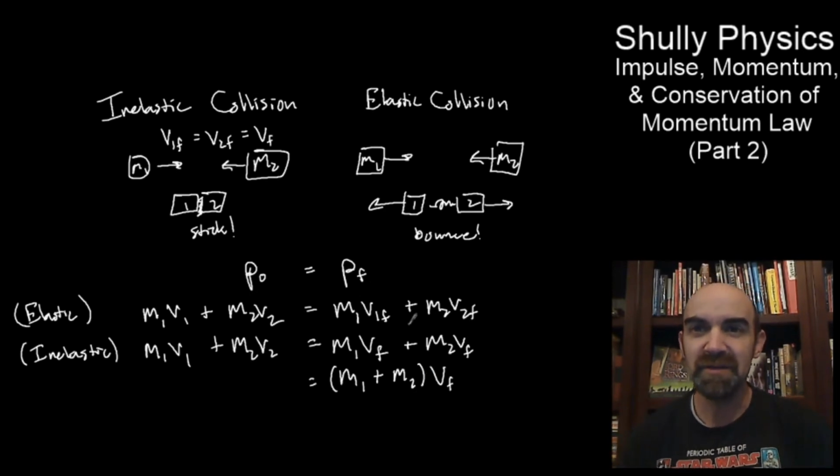So if you look at this kind of expression, this is the total mass of the locked up objects. They're behaving as one single mass now, traveling with a velocity VF. So you can see that quality in the equation there. So that's for inelastic as well. So elastic collisions, inelastic collisions.